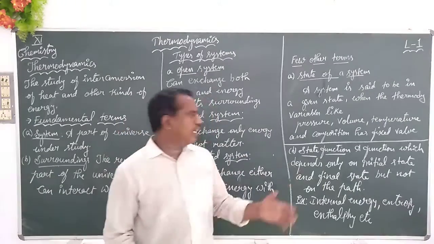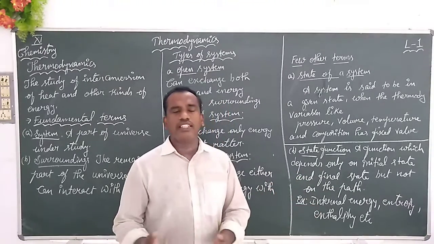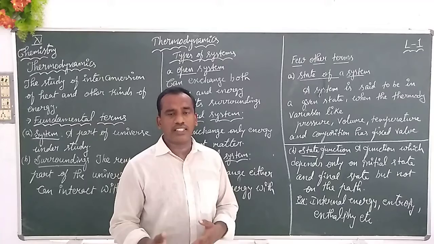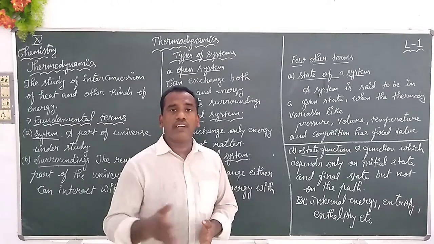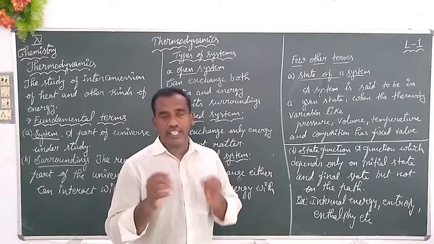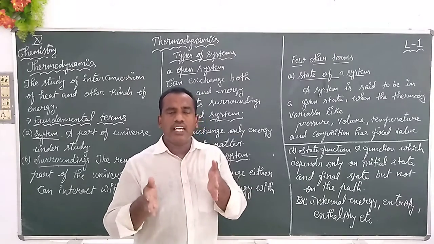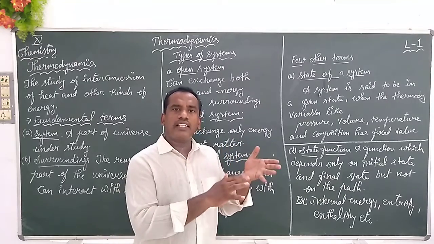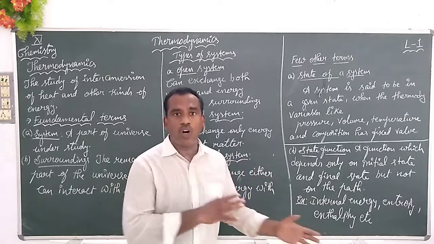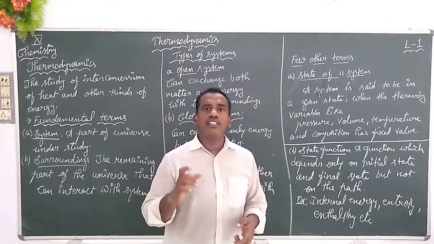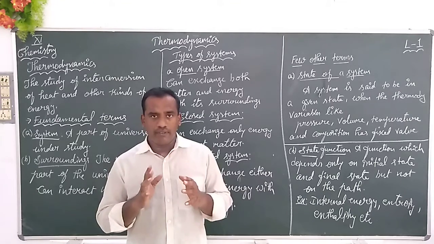Or you may bring a change in the state of a system either by changing the heat content, that is delta H, the enthalpy change, or the disorderness. Solids are generally fixed, liquids are movable, gases can easily move from one place to another, which means gases have more disorderness. The measurement of this disorderness is given by the entropy value.